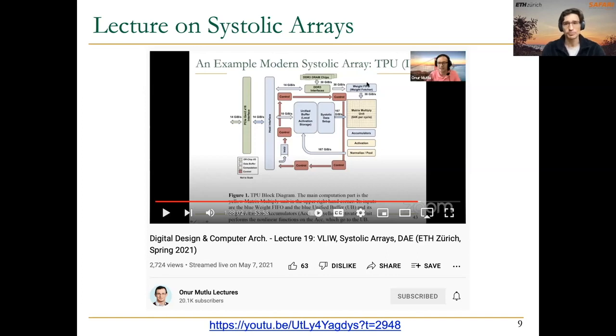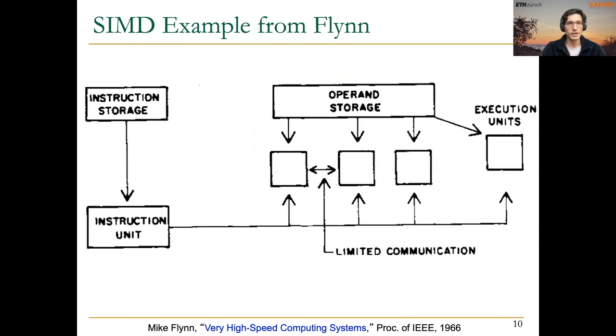And we can also take a look at the example from Flynn for the SIMD architecture. Notice the difference with respect to the MISD example that we showed before. Here we have an instruction storage, and we have an instruction unit that is fetching instructions from this instruction storage and distributing these instructions to some execution units.